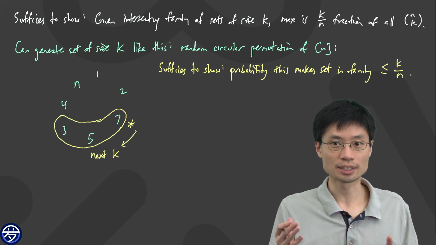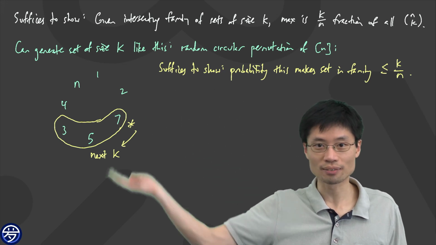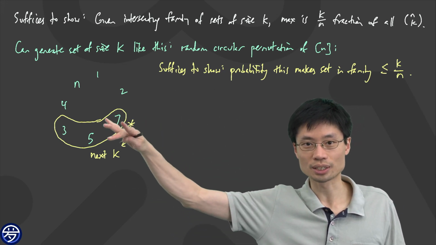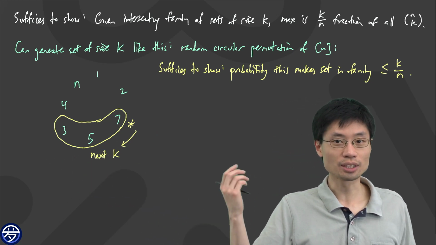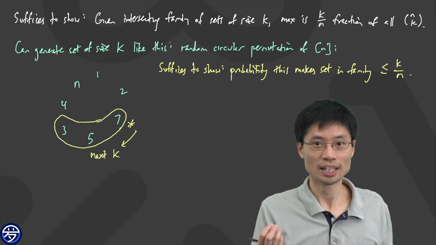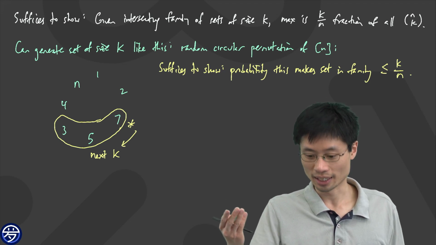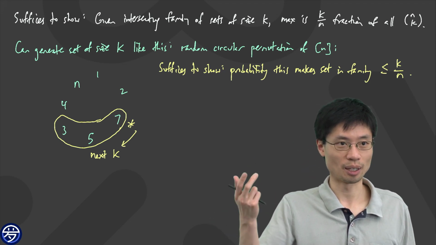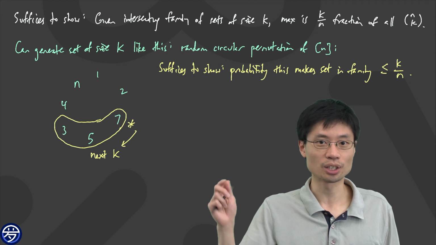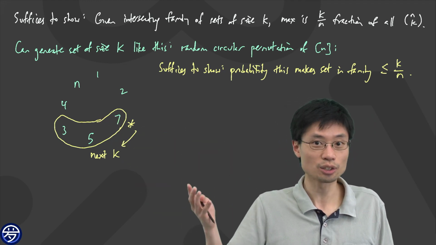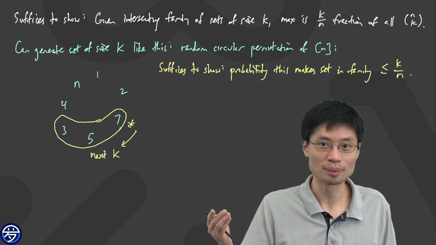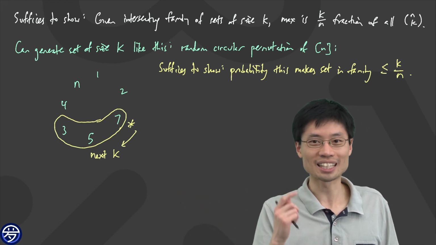The protocol works like this: first make a random cycle, then choose a starting point uniformly at random and go forward by k. To show this complicated procedure has probability of spitting out a set in the family of at most some size, it's enough to show that no matter what circle I started with, given that circle, the conditional probability of making a set in the family is at most k over n. And why is that true?